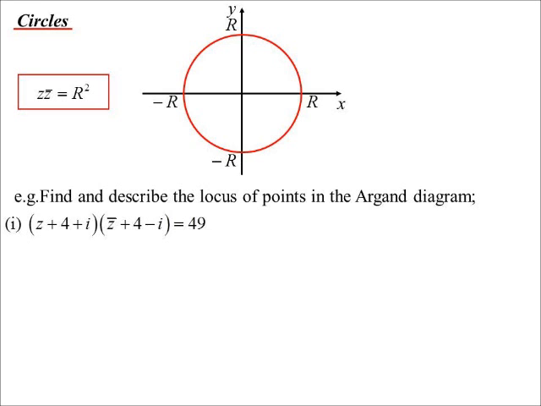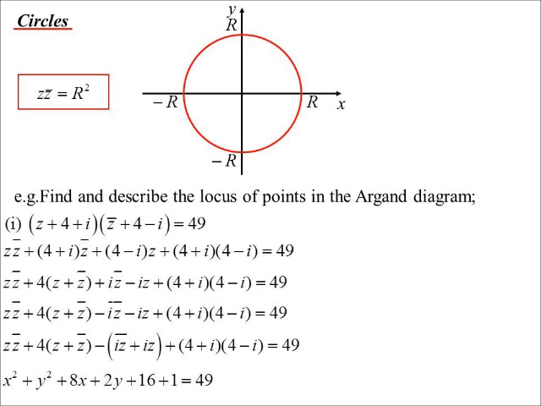And just to prove it, let's expand the whole thing out. Tidy it up. Lots of z's in there. Let's substitute in x and y so we can see what the Cartesian equation is. And a bit of completing the square to be done, but we eventually get it. So it actually is the circle (x plus 4) squared plus (y plus 1) squared is equal to 49.